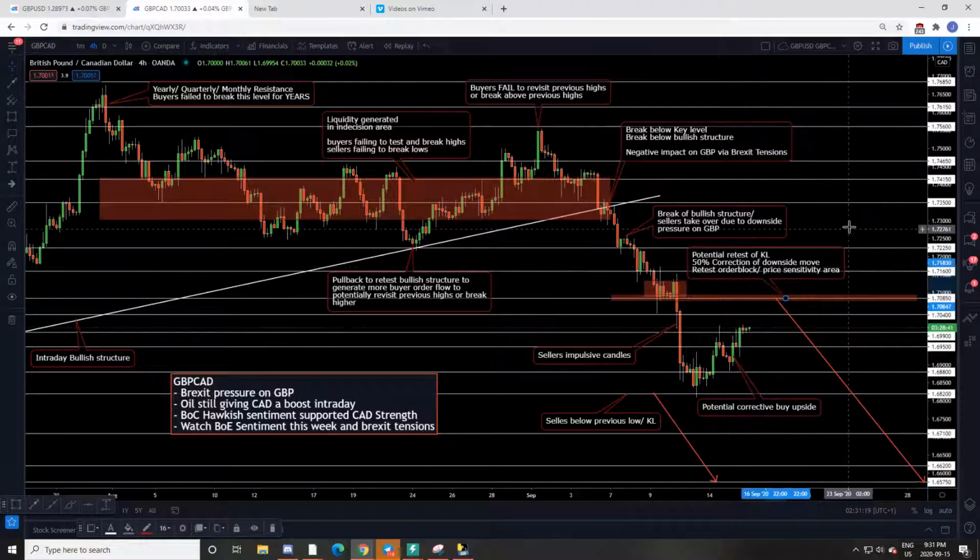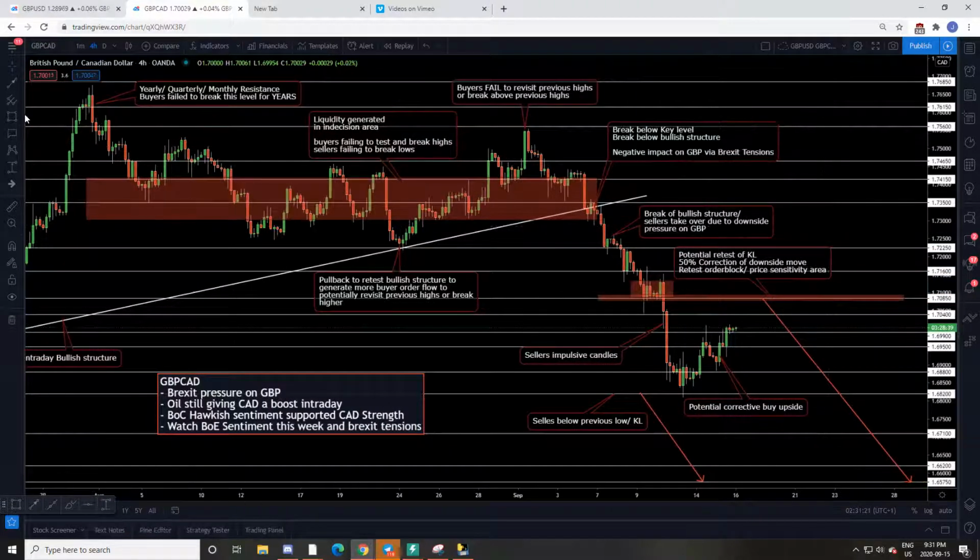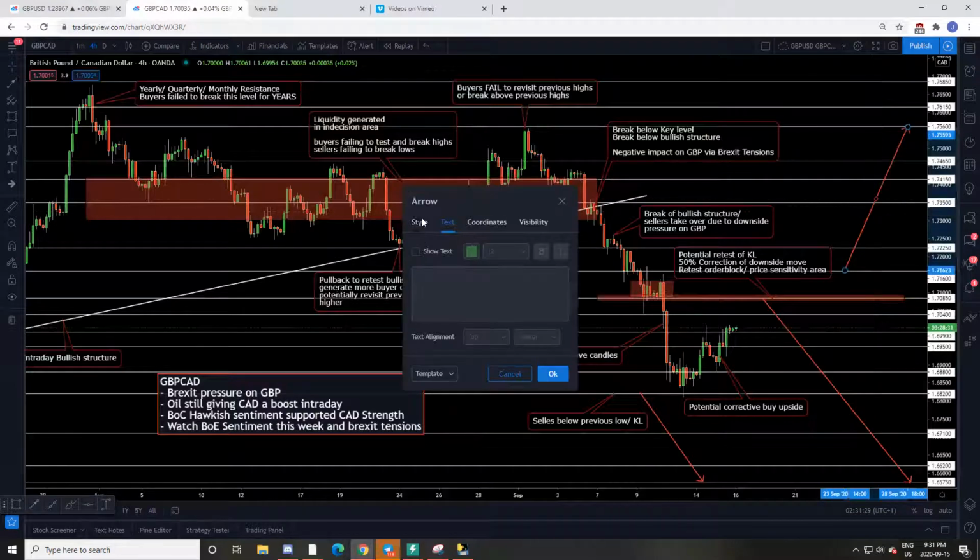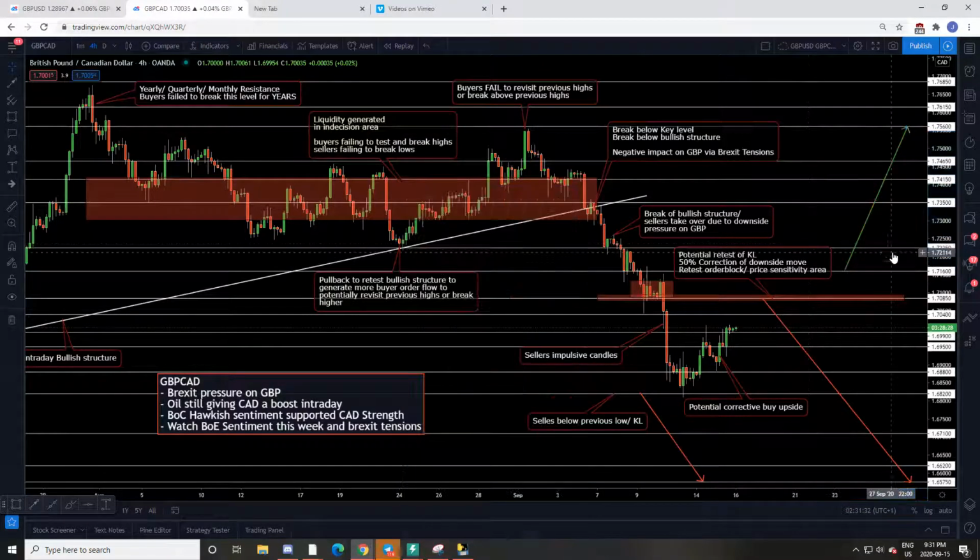I would only really look for upside on GBP CAD if price comes above 1.716. Why and what would we need for that?